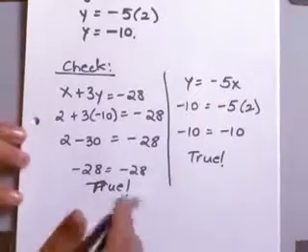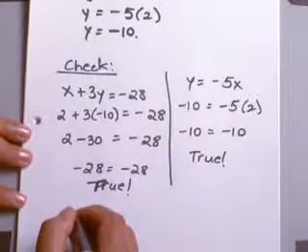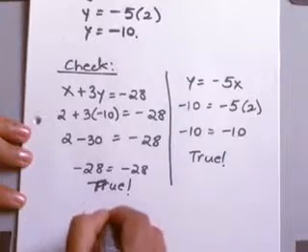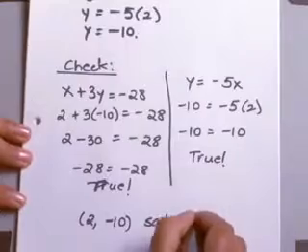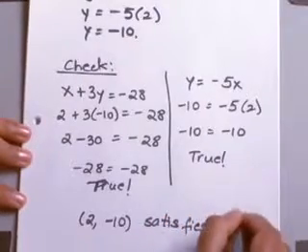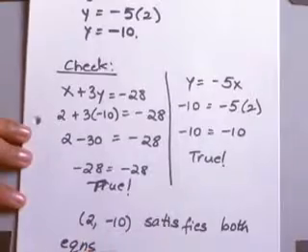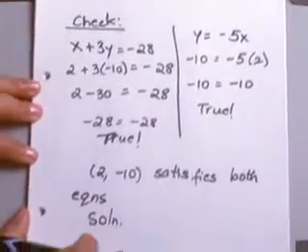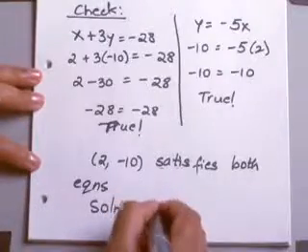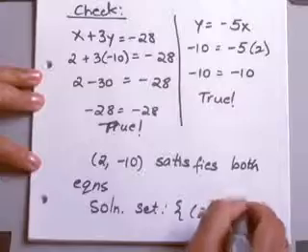Now we can say that the ordered pair (2, negative 10) satisfies both our equations. So your solution set is going to be the ordered pair (2, negative 10).